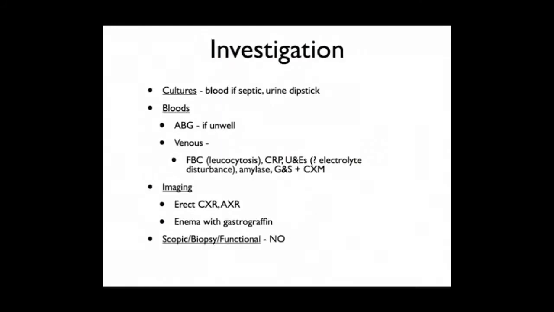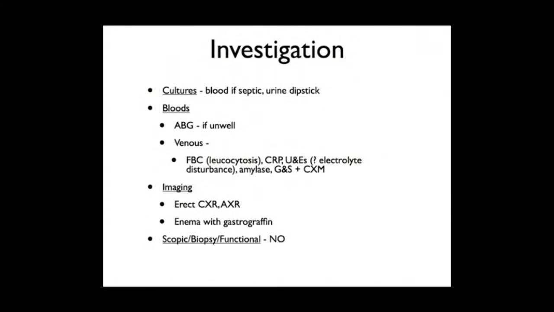Always do a PR. So investigations, we use our standard technique. Cultures, yes, if they're septic, you might want to do a blood culture. You might also want to consider doing a urine dipstick. In terms of the bloods, an ABG, yes, if they're unwell. But venous is going to be important here, particularly looking for an infective process and a leukocytosis, also a raised CRP.